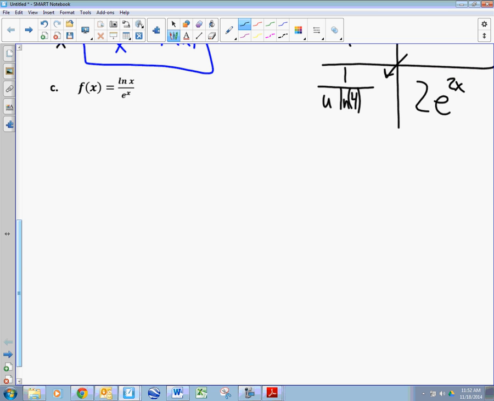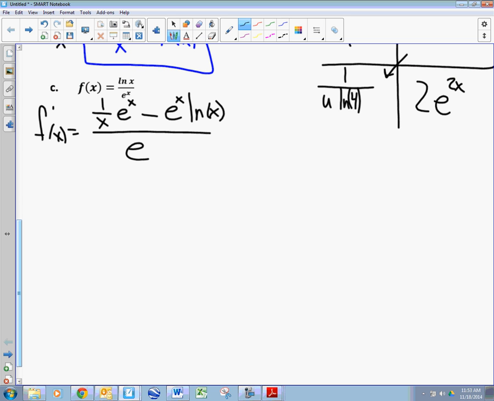f of x equals natural log of x divided by e to the x. I use the quotient rule. What's the derivative of the top, times the bottom, minus the derivative of the bottom times the top, all over the bottom squared. What is e to the x quantity squared? e to the 2x.